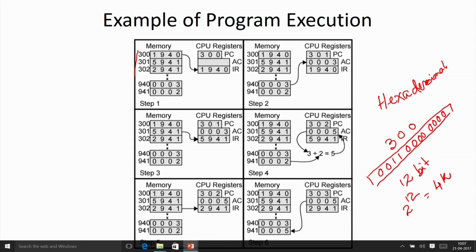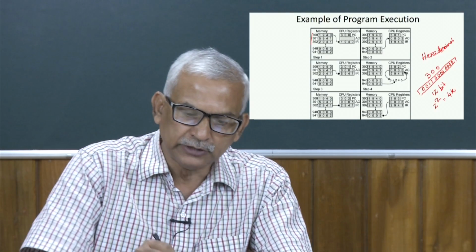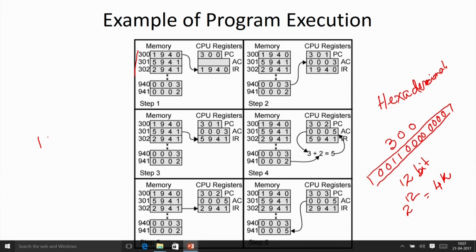And what is the size of this particular memory location? How many bits can we store inside it? You just see one of the contents is 1940, which is in hexadecimal. So, what is the binary representation? 0001 1001 0100 0000.